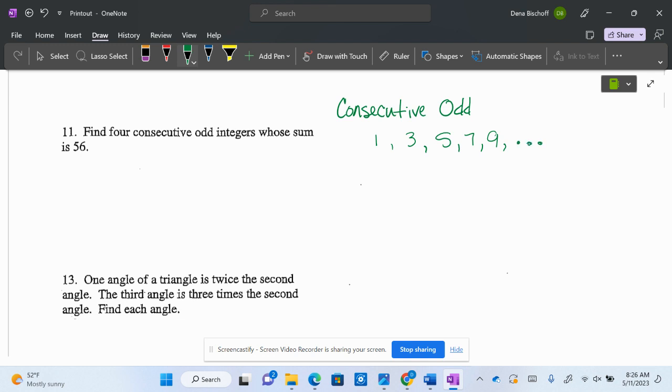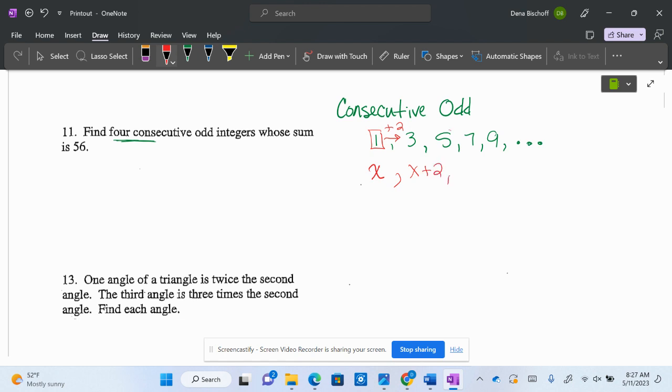We don't know what these numbers are. We just know that we have 4 odd integers in a row. If I want to call the first number x, what did I do to get the next odd number? The next number is going to have to be x plus 2.